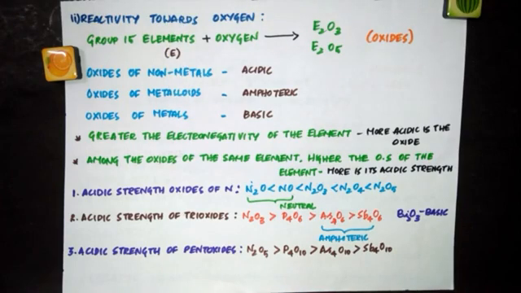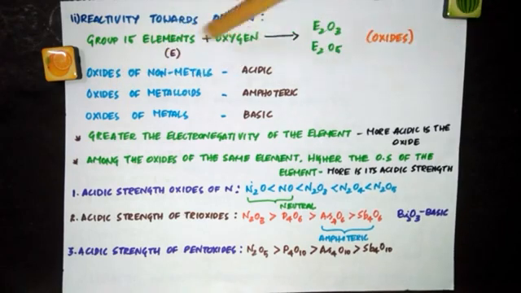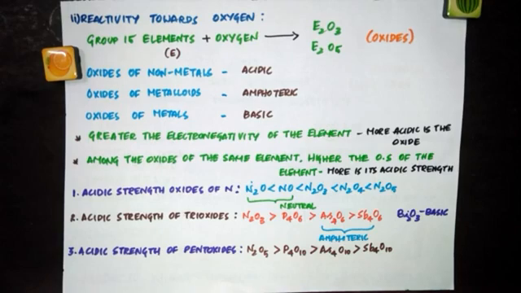When nonmetals form oxides, those oxides will be acidic in nature. Oxides of metalloids will be amphoteric in nature, which means they show both acidic and basic character. Oxides of metals will be basic in nature. Keep that in mind.